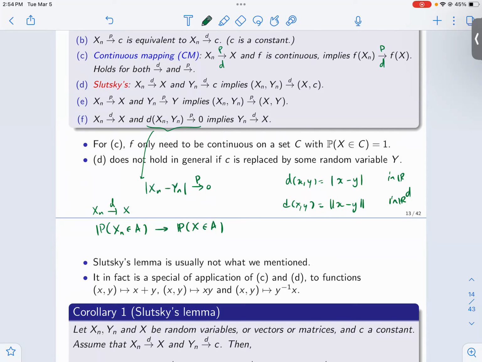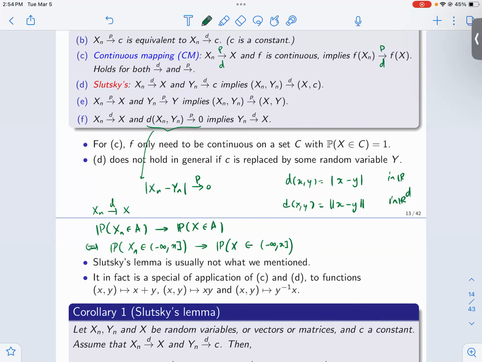Okay, so in R, this is equivalent to just requiring that Xn belongs to negative infinity to x, because from this I can construct any other reasonable Borel measurable set. So in R, this is equivalent to just requiring the convergence of the CDF.